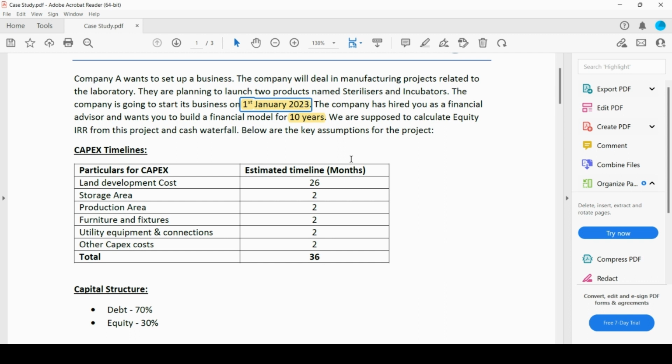So 3 साल इसको कंस्ट्रक्शन करने में लगेंगे। 1 जनवरी को इन्होंने स्टार्ट किया अपना बिजनेस, राइट? तो 3 साल कंस्ट्रक्शन में लगेंगे, तो this means कि 31 दिसंबर 2025 तक इनको कंस्ट्रक्शन में टाइम लगेगा, और 1 जनवरी 2026 से ये लोग अपनी ऑपरेशन स्टार्ट कर लेंगे, राइट?